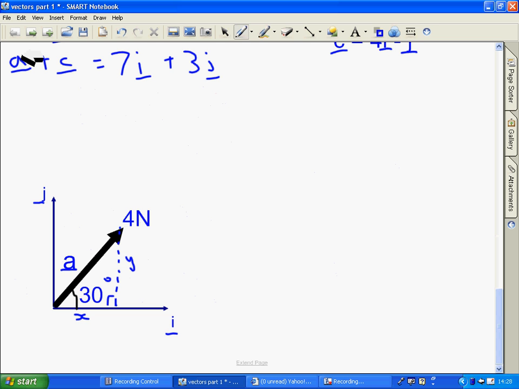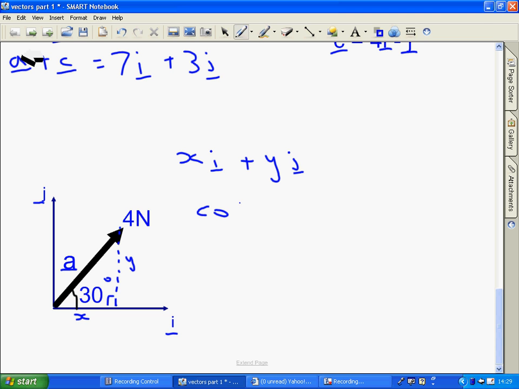Now, let's say I need to find x. So I know this vector here of 4 newtons can be split into its component parts of xi plus yj. So to find x, that's adjacent to the angle. Adjacent and hypotenuse is cosine.